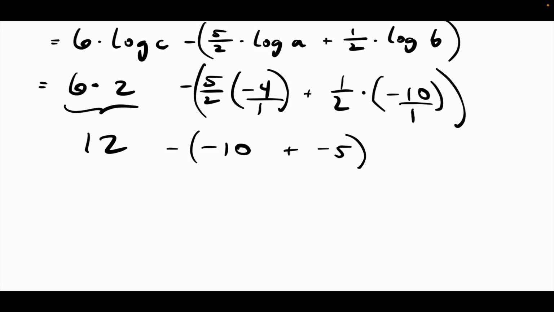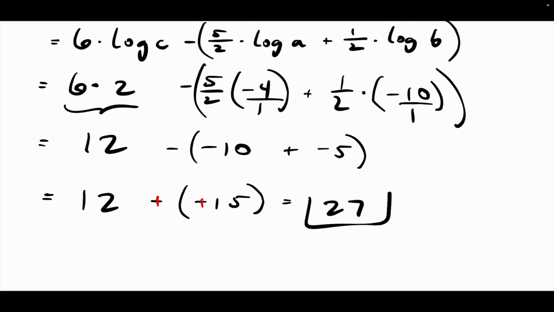And this guy is just 12. 6 times 2 is 12. Still have parentheses, so I got to now add -10 plus -5, which makes -15. So I have 12 minus -15. Double negatives, change them to addition. +27.